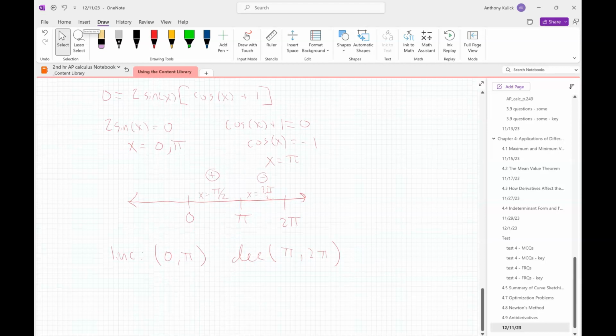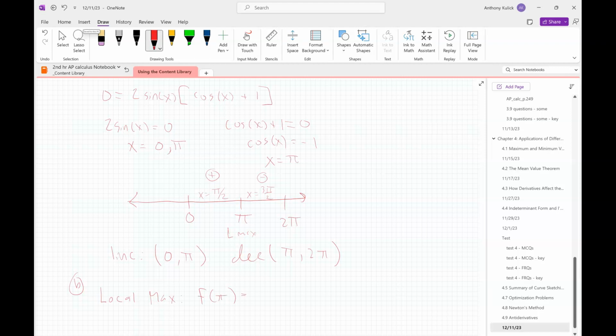If I wanted the local minimum and maximum values, that was part B. Well, I know that this is a local maximum at f of pi.